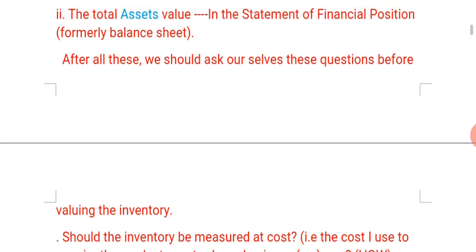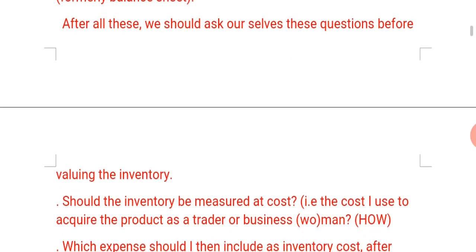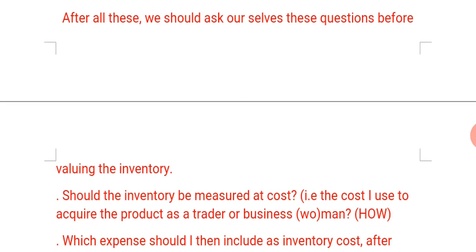Then he said after all this we should ask ourselves these questions before valuing the inventory. Now, when you want to value an inventory as a novice, you could ask yourself some questions, like, should the inventory be measured at cost? Now, that is the cost I used to acquire the product as a trader or a businessman or woman, acquiring an inventory and recording it at cost.